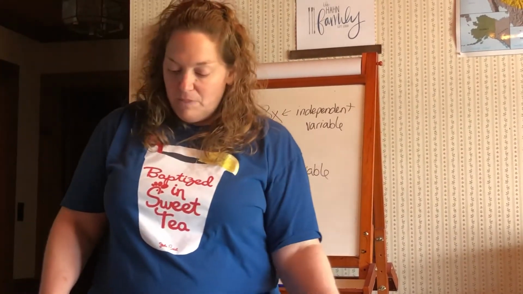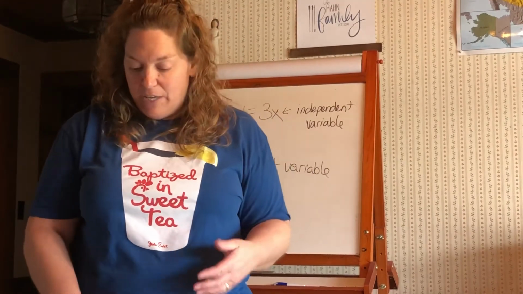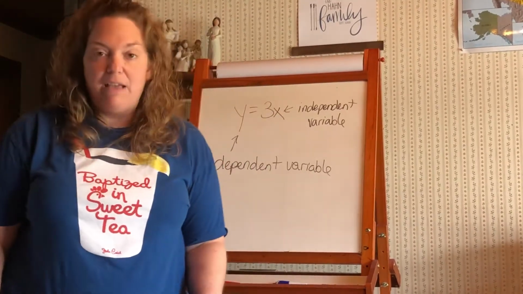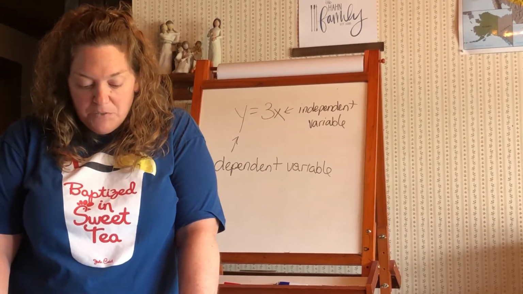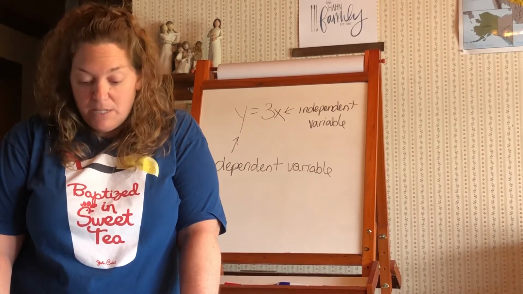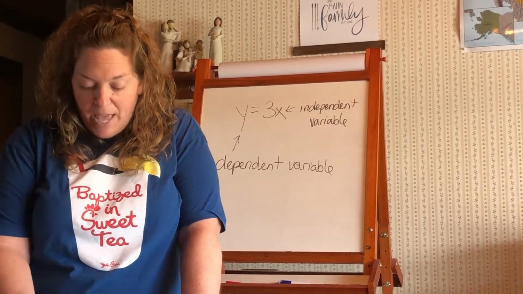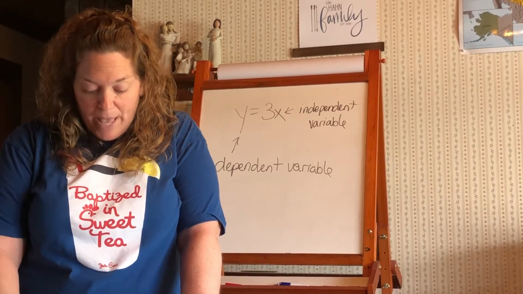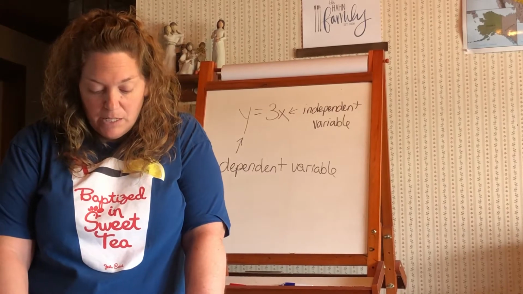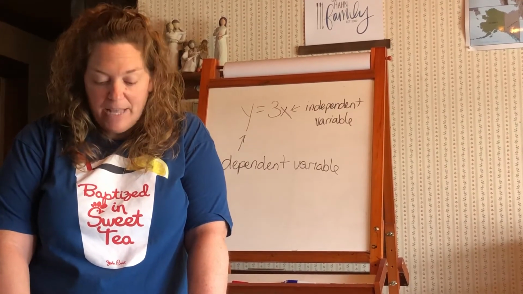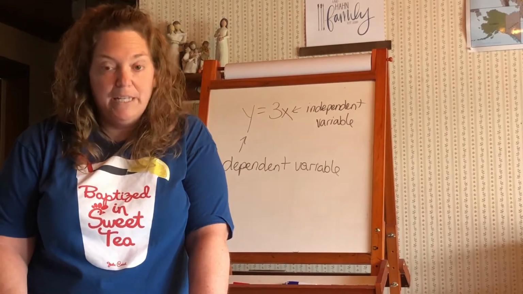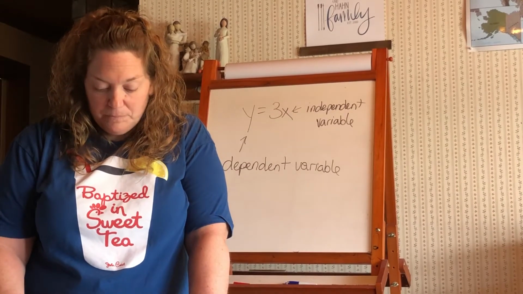So, looking at that, let's look at the practice ones. Look at page 591, letter B. It says, tell whether this relationship in the table represents a function. So let's look at the X column. Do any of those repeat? No. So that is a function. Every X value has only one Y value.